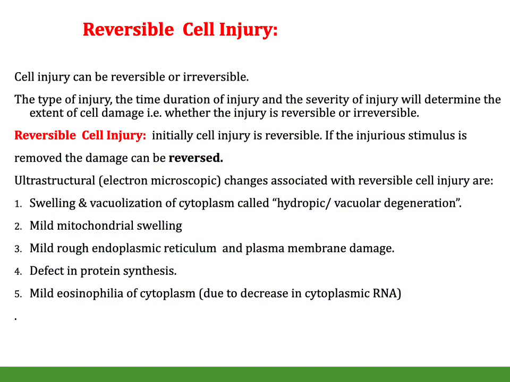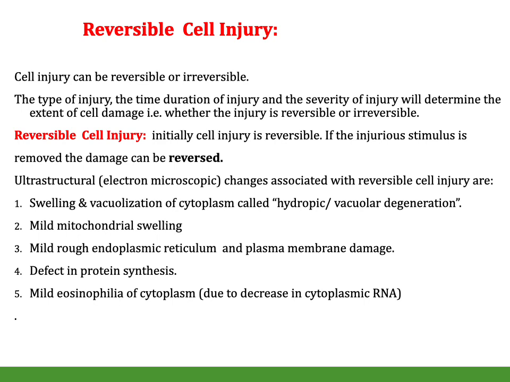Now, as mentioned, cellular injury can be reversible or irreversible. But the question is, when is that line? When is that boundary? When is injury to the cell still reversible, and when is injury to the cell irreversible? If there is swelling of the cell to a certain extent, that is still reversible.